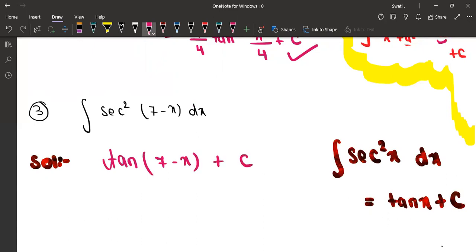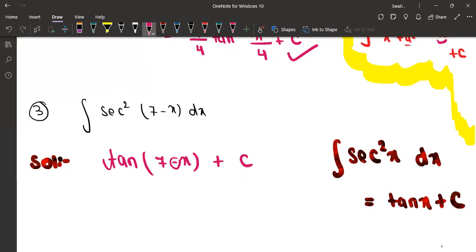But we are forgetting one thing here. Always remember that whenever we do the integration, whatever is the coefficient of x, we have to divide by that number. Earlier you must have noticed that I did not mention any such thing because every time the coefficient of x was 1 only, and dividing by 1 makes no difference. But here I'm going to pay attention because the coefficient of x is minus 1.